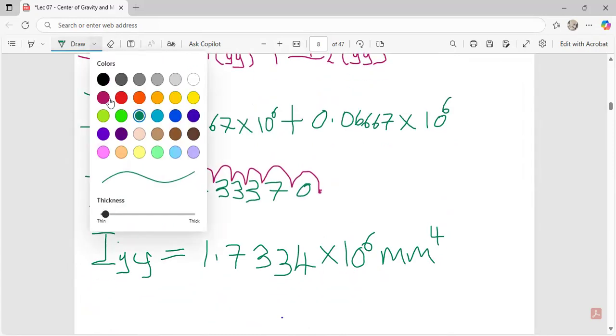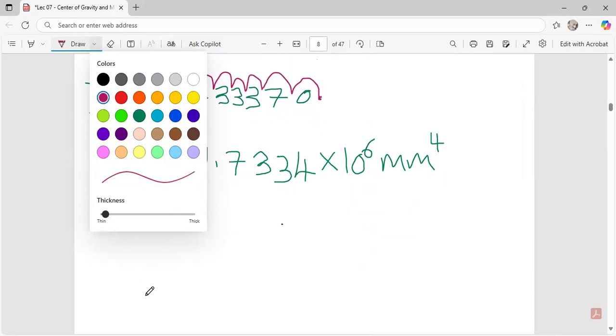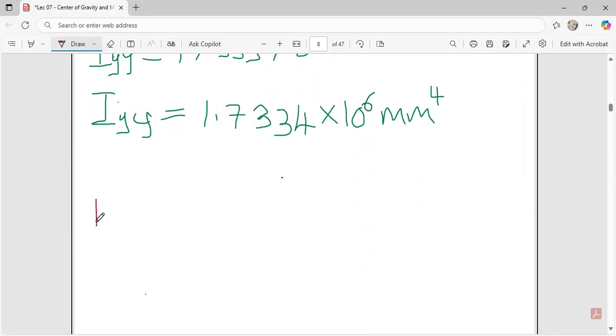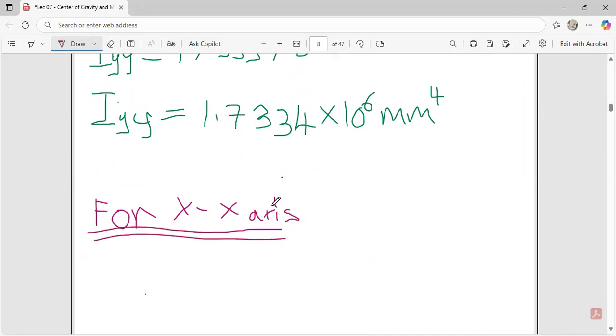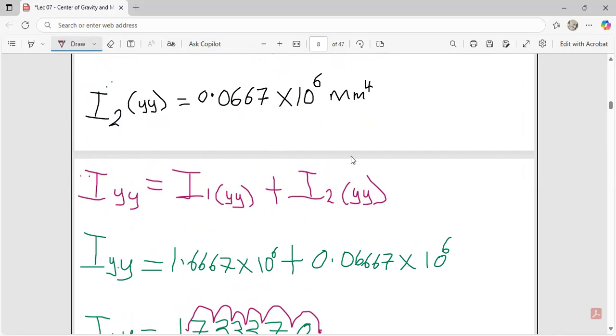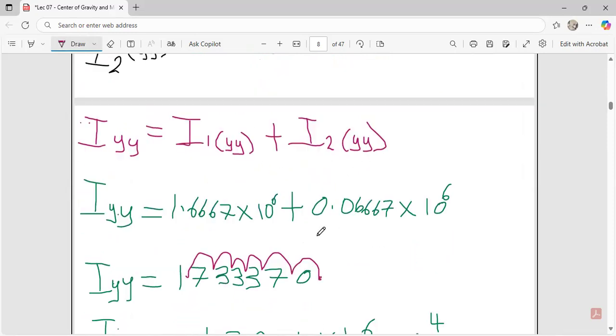So let's quickly do the same thing for the xx axis. You realize that we are still on B. The one we did right now was for the y axis.